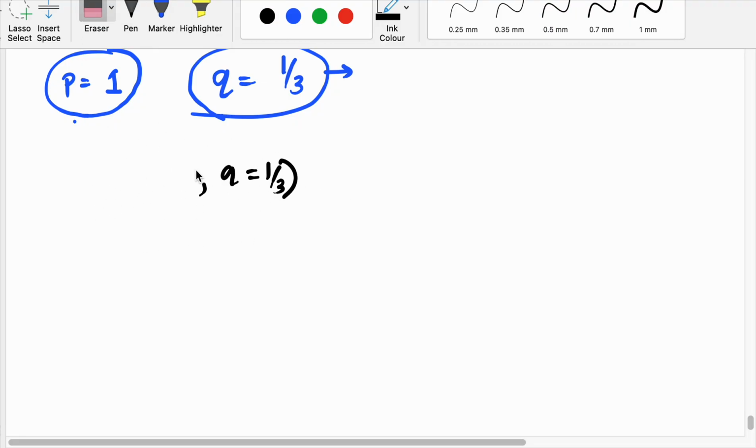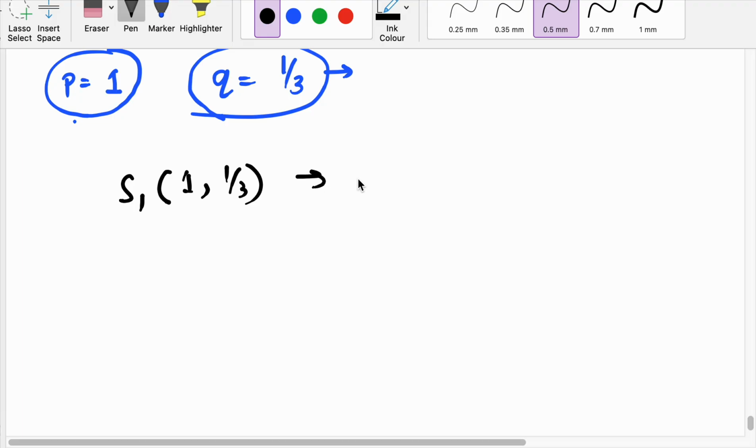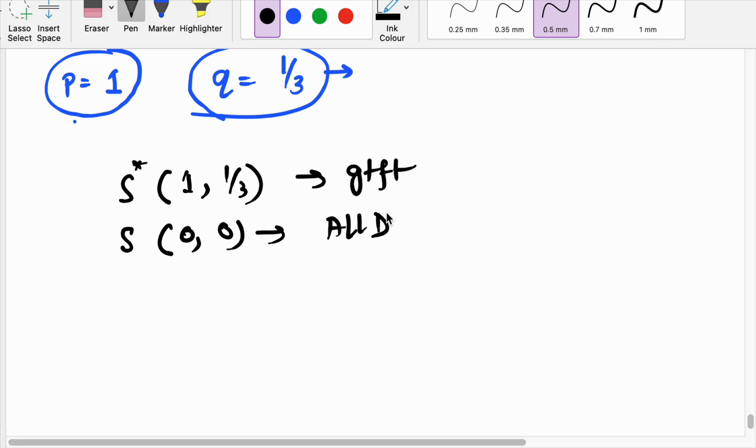Suppose S is a strategy with 1 and 1/3, this is GTFT, and S equal to 0, 0, this is all D.